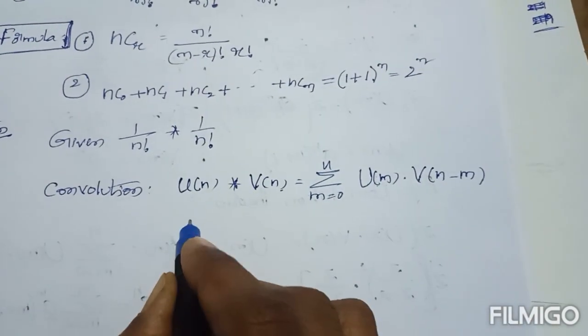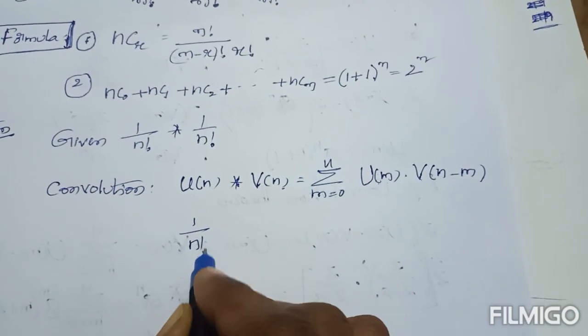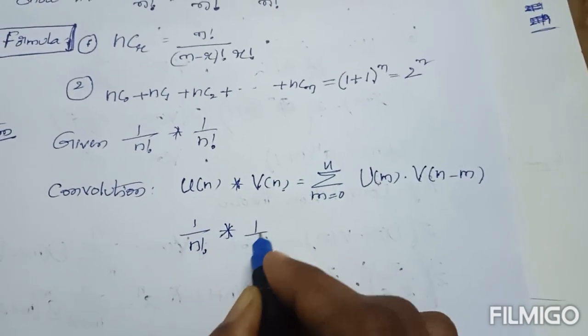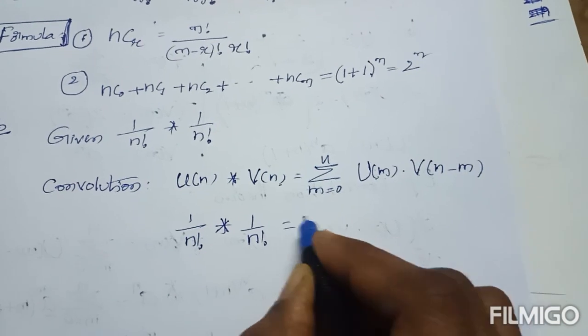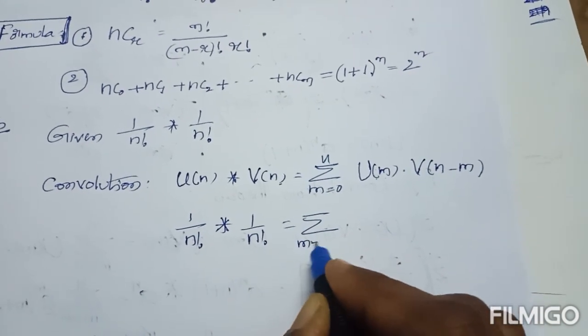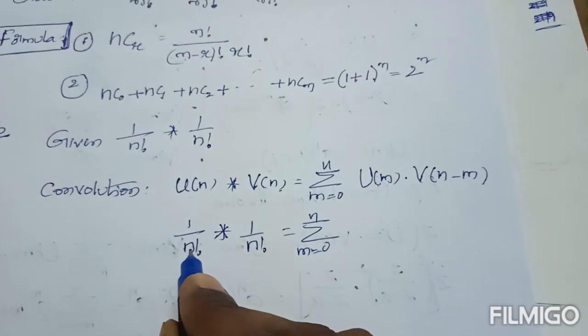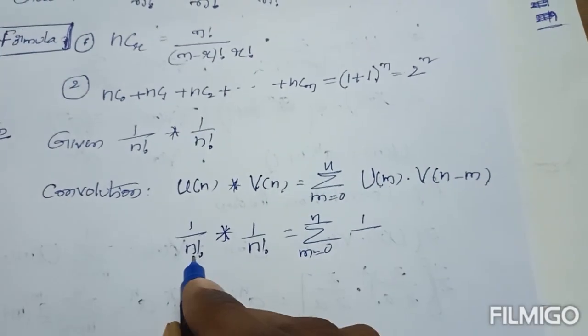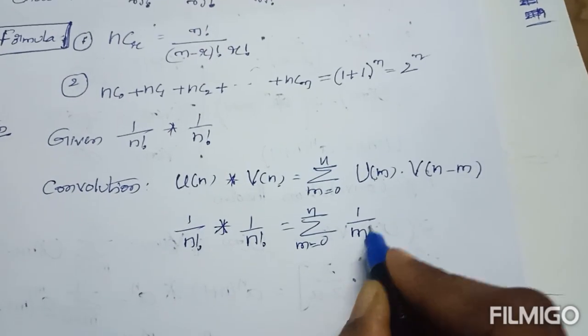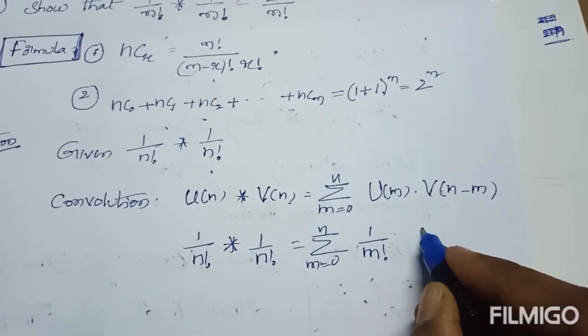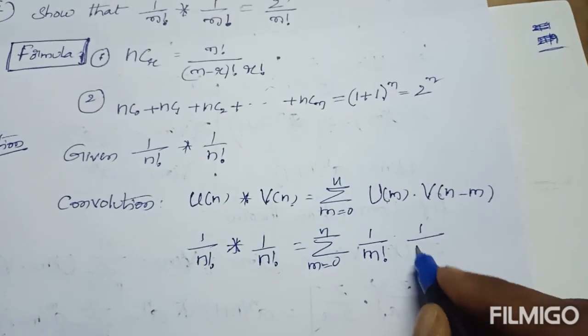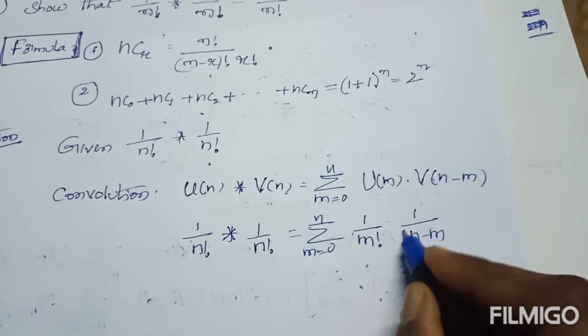The corresponding values: 1 by n factorial star 1 by n factorial equals summation of m equal to 0 to n, 1 by m factorial, 1 by n minus m factorial.